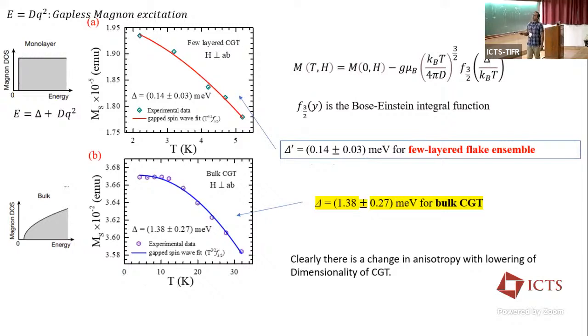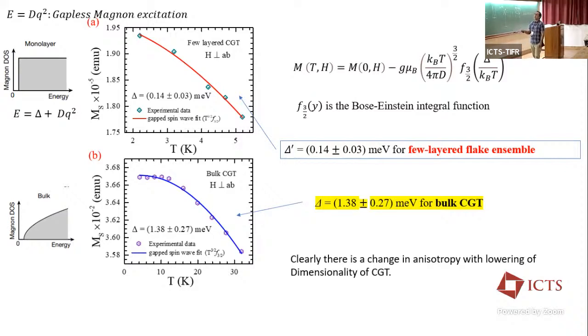The magnetization, if you fit as a function of temperature, as I told you, the magnons are gapless if you have no anisotropy in the system, and gapped if you have anisotropy, so the dispersion relation, instead of going as just proportional to Q square, you will have a delta.